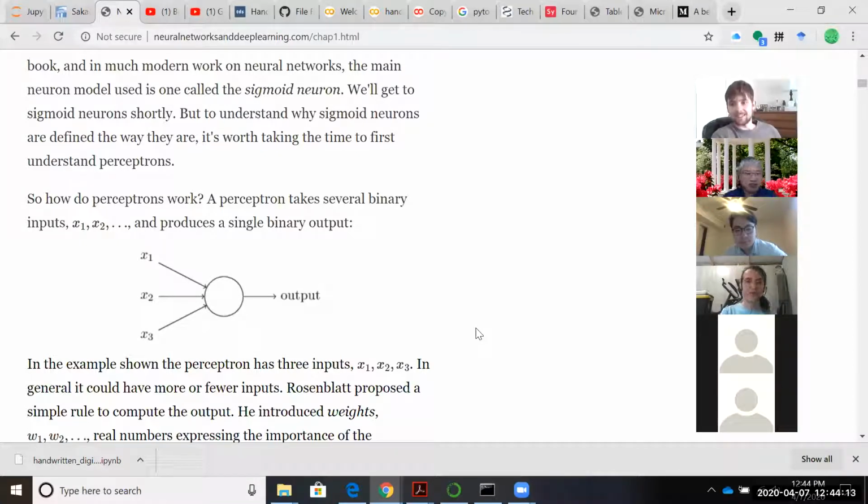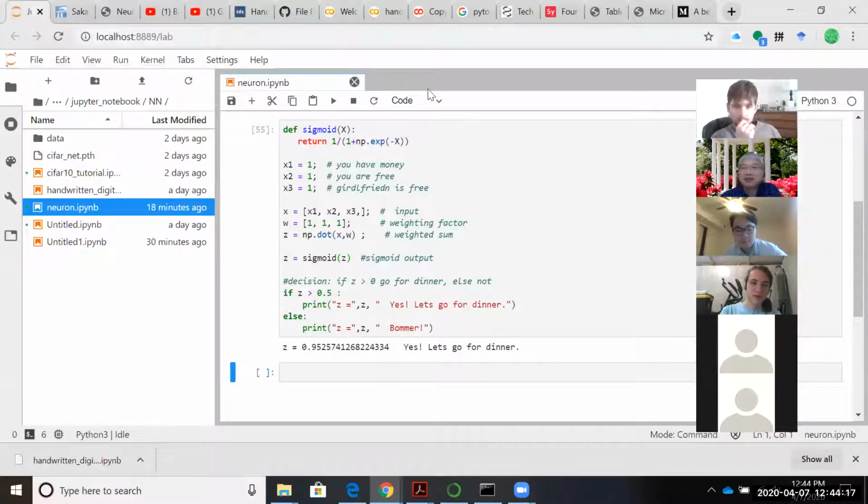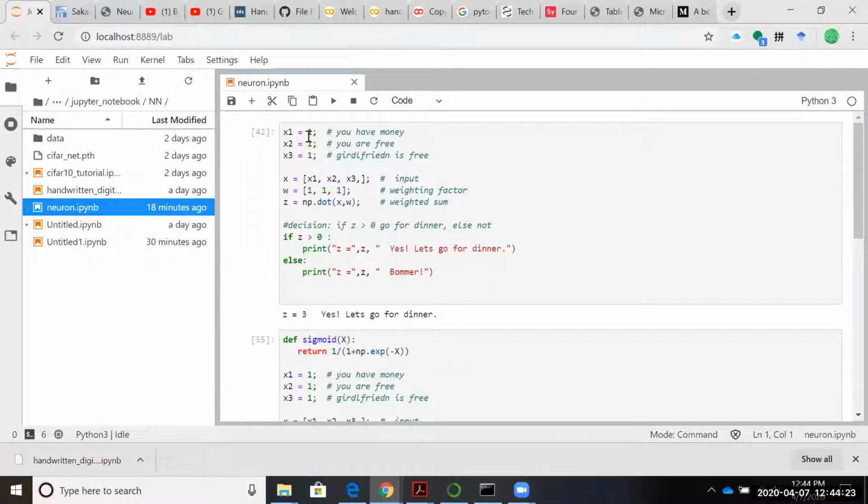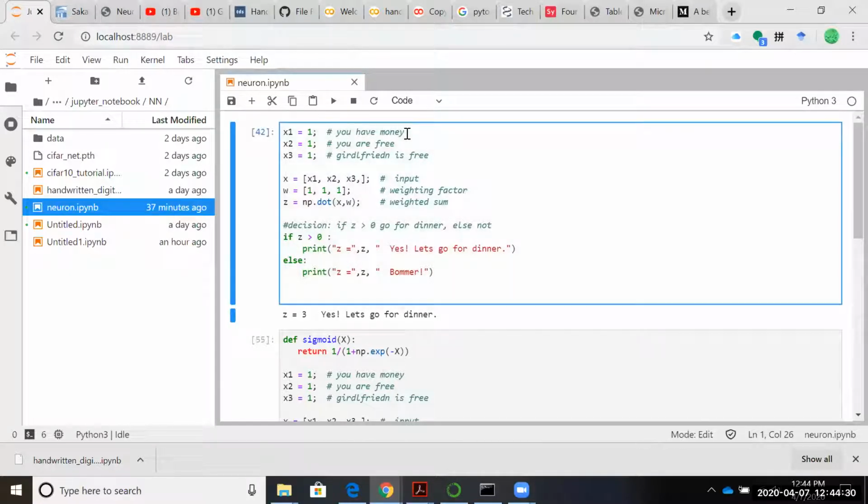So we simplify to the very basic things. Here I have a simple model with three conditions. X1 says whether you have money or not. X2 says whether you're free, and X3 says whether your girlfriend is free.